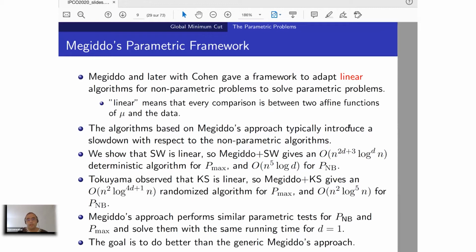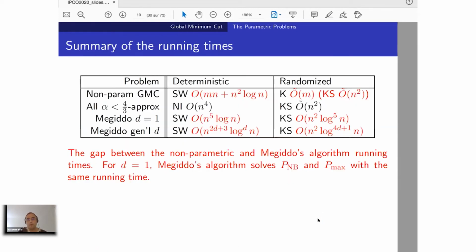Using Megiddo's trick, we have the impression that the next breakpoint and the max problem can have the same difficulty, because they have the same running time if we fix the number of parameters to 1. So our goal here is to beat the general Megiddo approach by devising more specific algorithms for the global min cut problem.